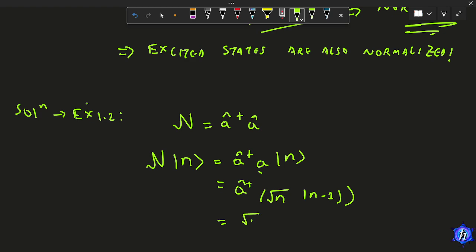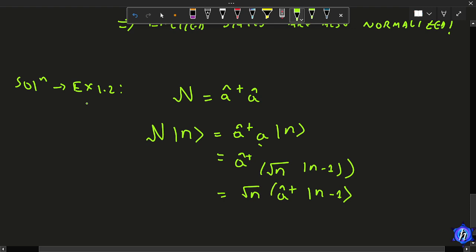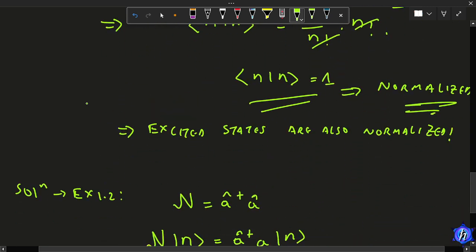Now a dagger will act on the n minus 1th state, and we calculated this in exercise 1. Just to remind you where it is, yeah, this. We calculated this, so we can use this here.